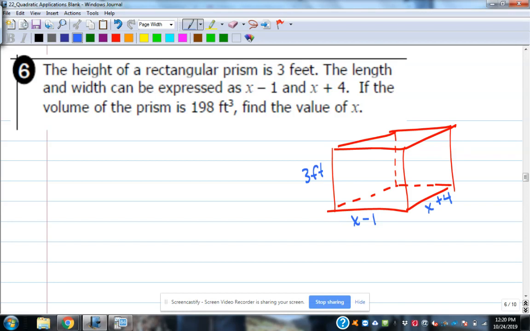How do you find the volume of a rectangular prism? What's the formula? We have all of those things. We have the volume. We have the length, width, and height. So x minus 1, x plus 4, times 3 was 198.